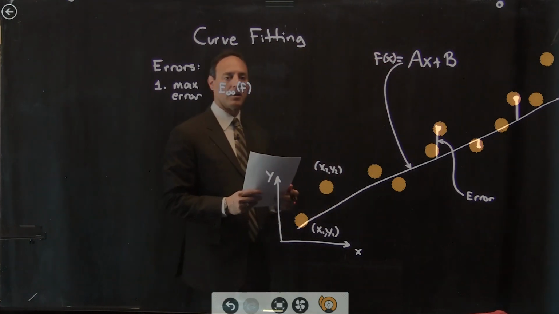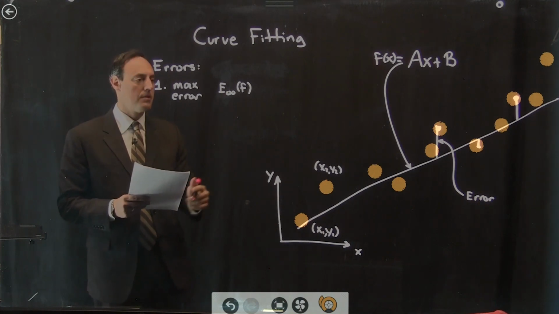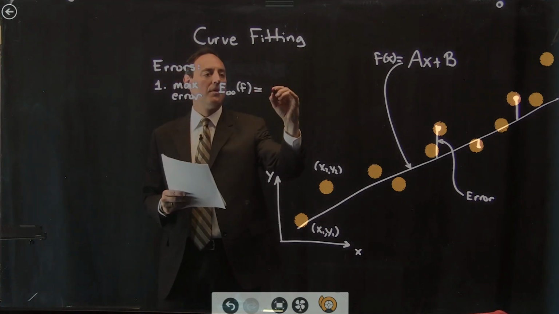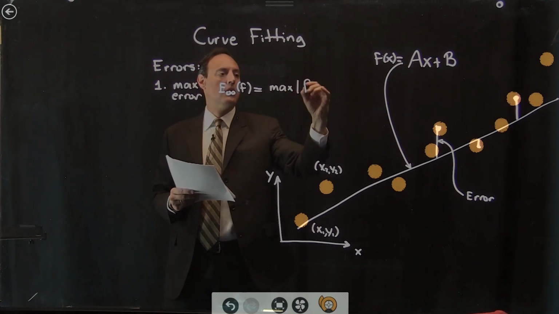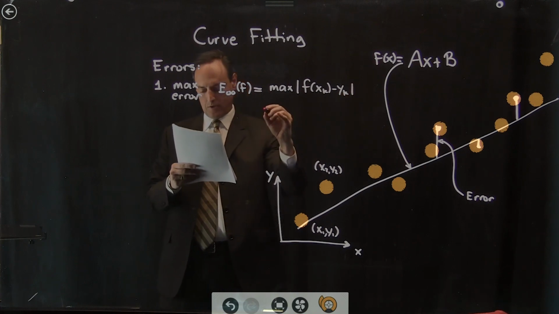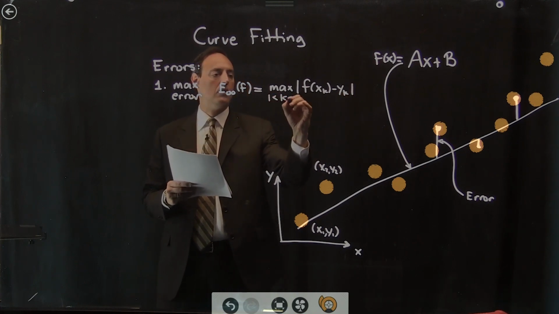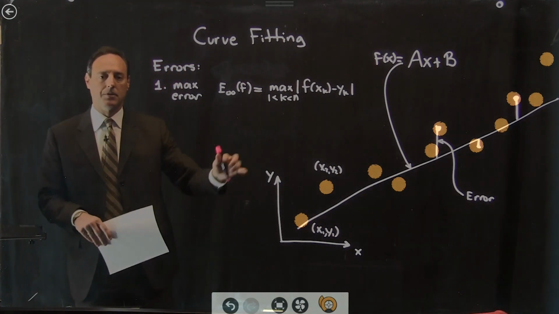This is going to be my approximation to the line. So E infinity is going to simply be, I'm going to define my error as the maximum. Let me write it down here. Okay, let's talk about what this formula means.